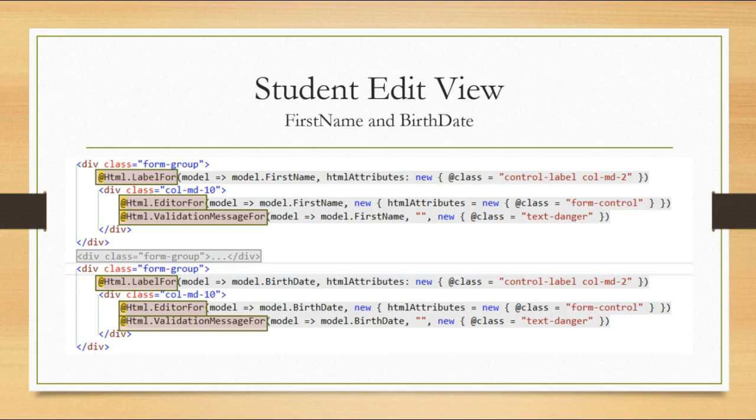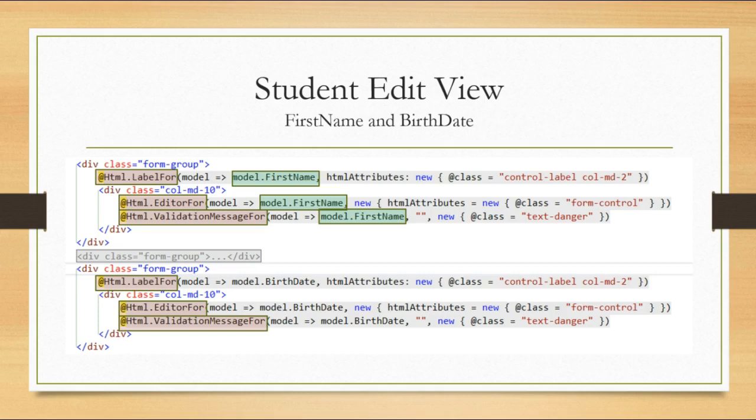The first one takes the first name from the model and passes it as a parameter or argument to the label for extension method. Again, it's strongly typed.